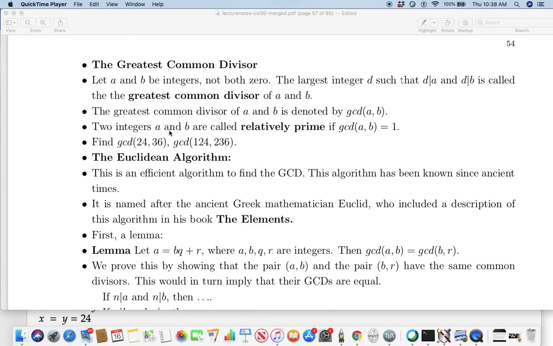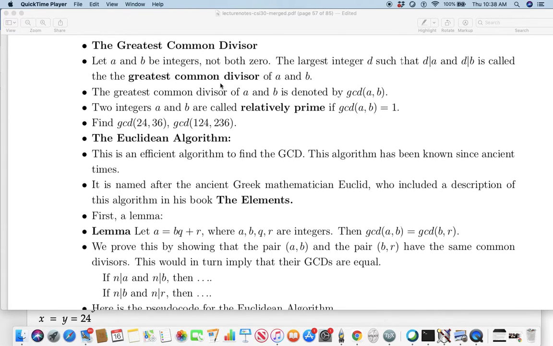The two integers a and b are called relatively prime if GCD is 1. That is, the only positive divisor a and b have in common is 1.